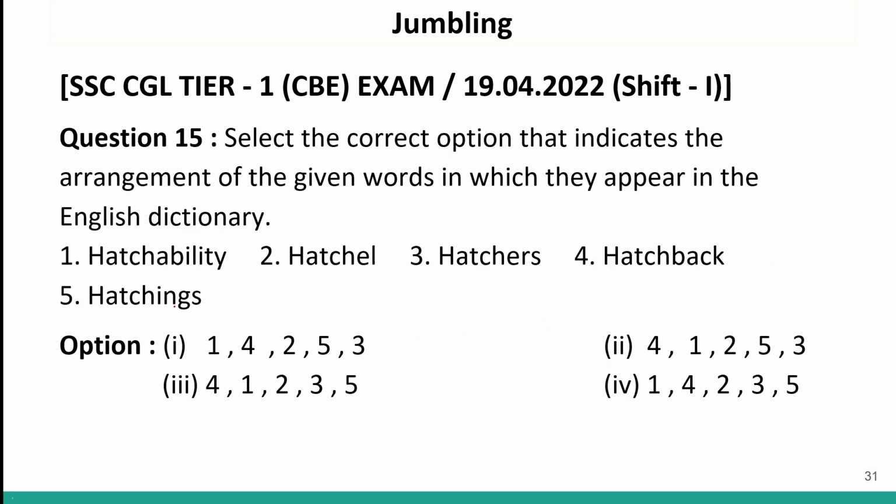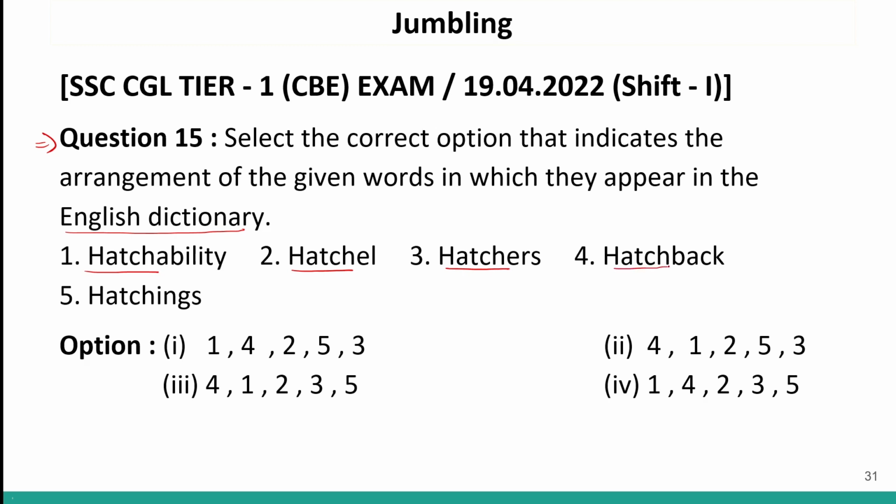Okay. Now, question number 15, last question for today. We have to arrange these words in the English dictionary order. The words are hatchability, hatchel, hatchers, hatchback, and hatchings. So I can see hatch, H-A-T-C-H, is common in all.